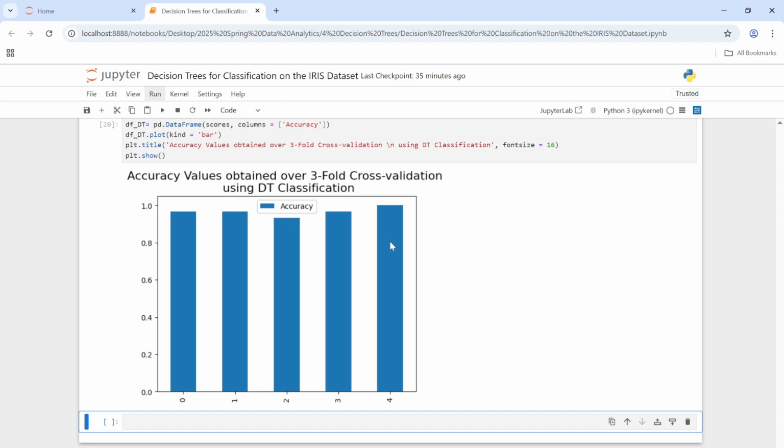There's hardly any fluctuation between the different folds. And this is fantastic because we now have a decision tree that fits the data very well and also generalizes to new data quite well. So this is the process by which we use decision trees for classification.